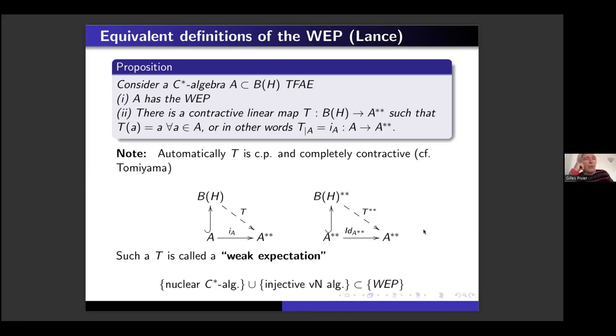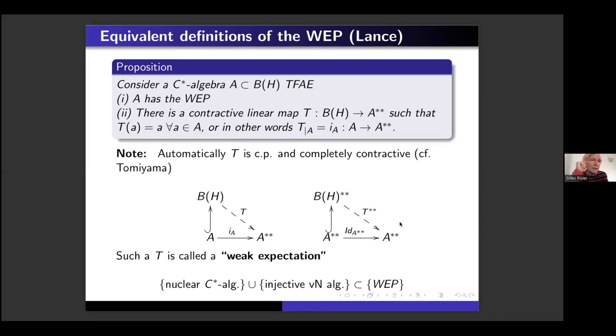You could say the weak expectation property means that the bidual is sitting inside the double dual of B of H, the bidual of B of H, with a projection of norm 1 or of completely bounded norm 1.